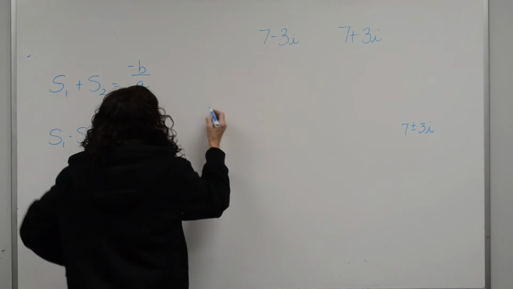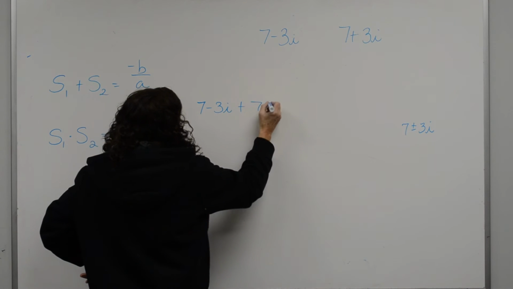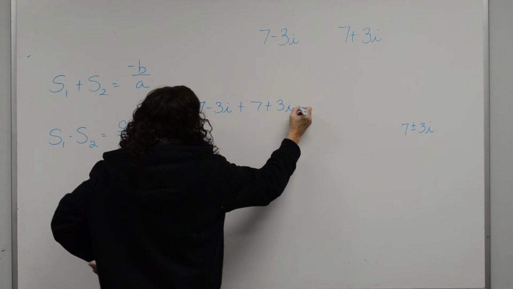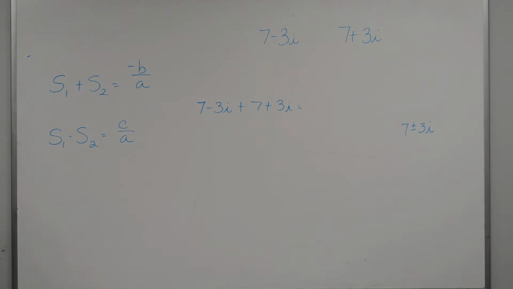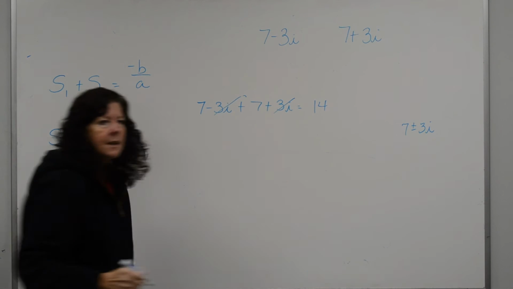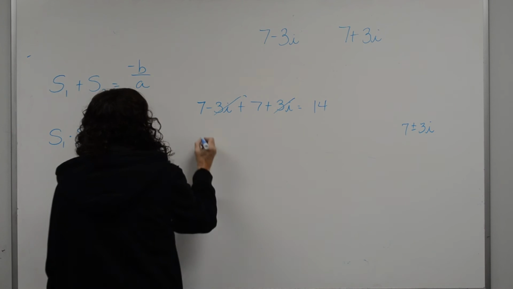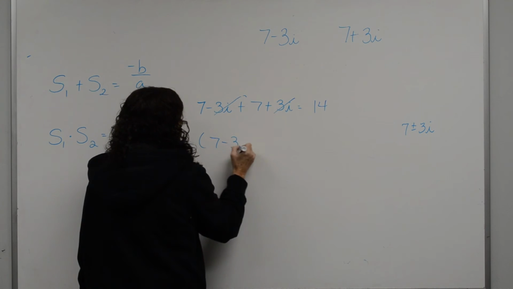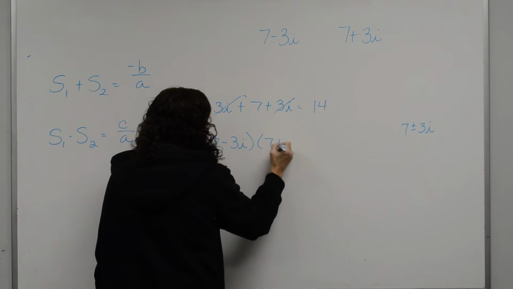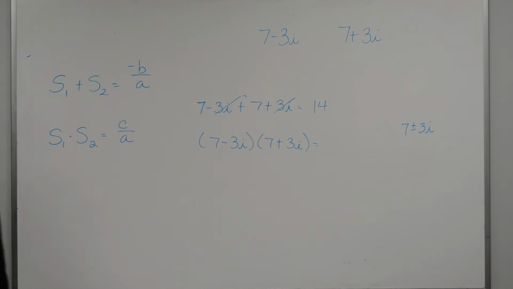The first thing I'm going to do is add these. What do I get when I add those? 14, because the imaginary parts add to 0. Then I multiply: 7 minus 3i times 7 plus 3i. What do you notice here? They're conjugates. All you have to do is first and last.